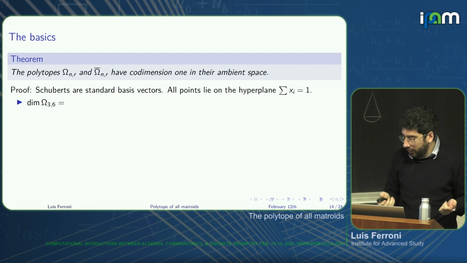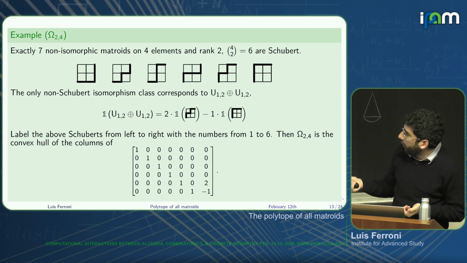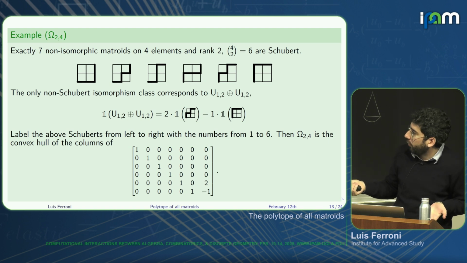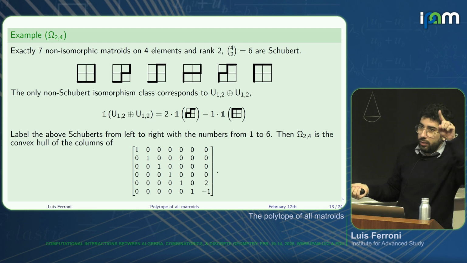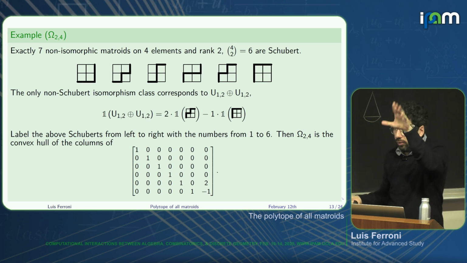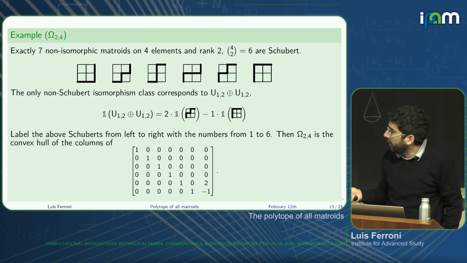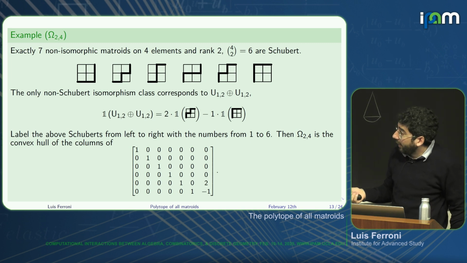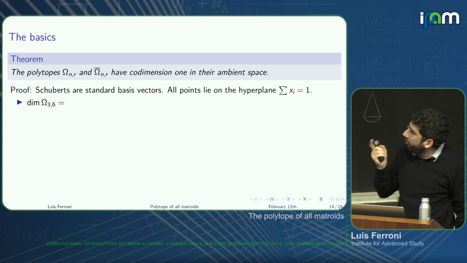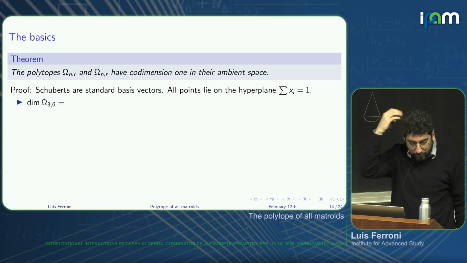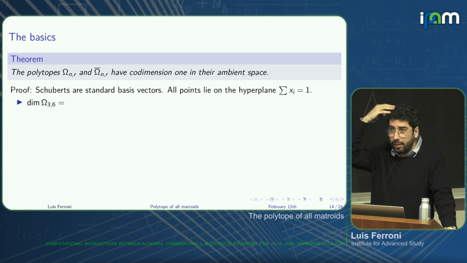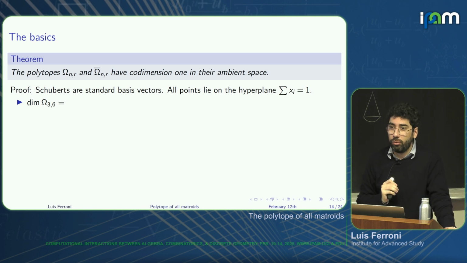What's the idea? You can see from the previous slide that all Schuberts are themselves matroids, so I will always see the vectors 1, 0, 0, where the 1 is in every possible position. And then you can use a very nice result by Felipe together with Alex and Federico Ardila, in which they show that constant functions are valuative functions on matroids.